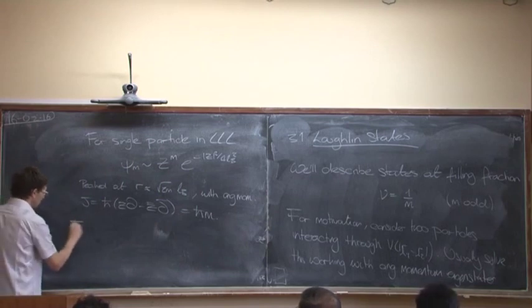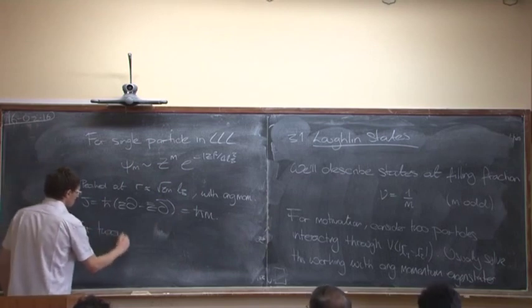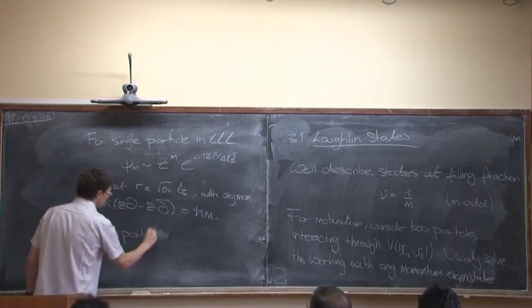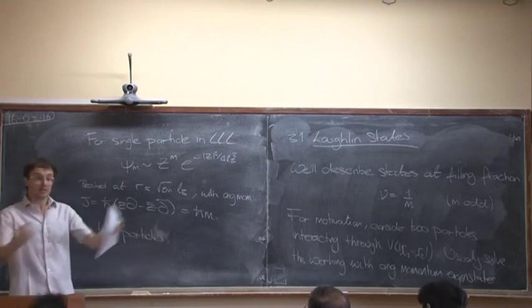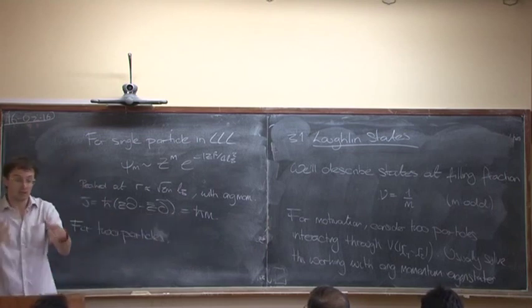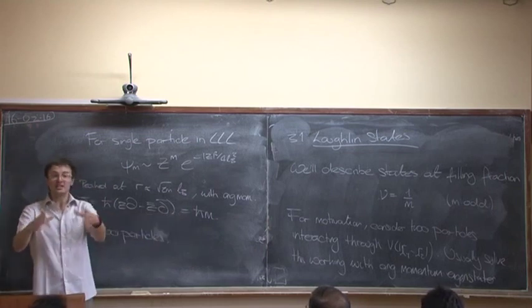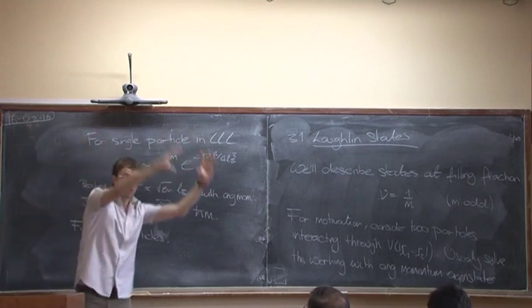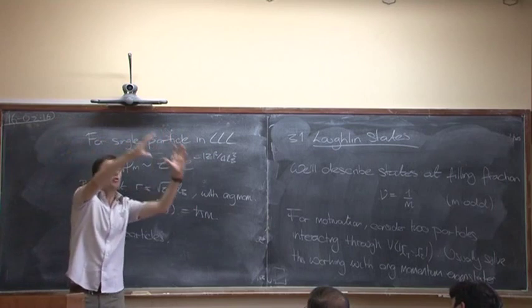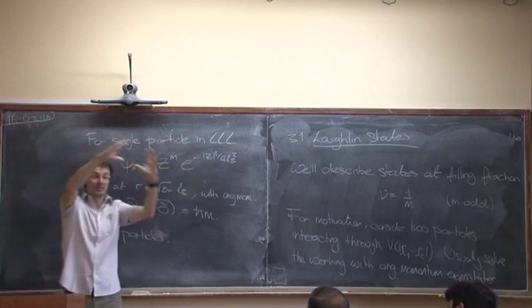Okay, so what about the two particles? What do we want to do? We separate them out into the center of mass and the relative position. The center of mass is going to be trivial. The center of mass in a magnetic field with two particles is just going to do this. Okay, so there's some overall angular momentum of the center of mass.